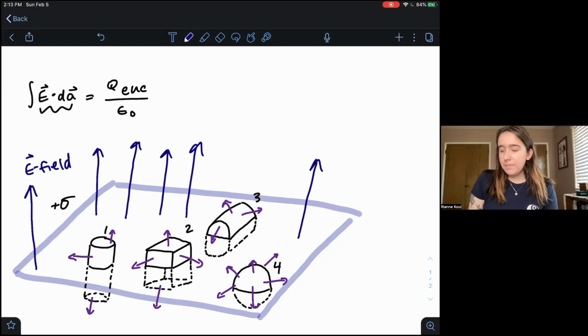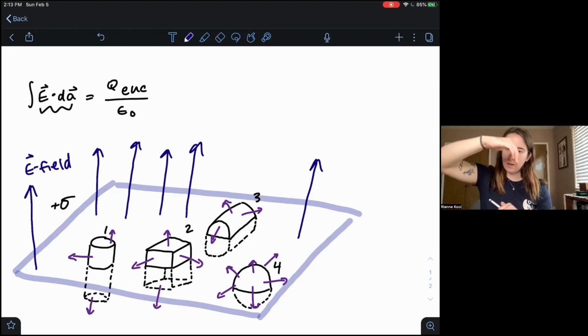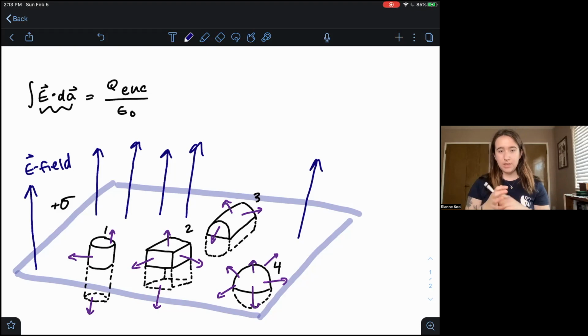So let's think about number 3 first, because I feel like that's one of the easiest to knock out first, because we have these dA vectors on the top, and when there's a curved surface, the dA vectors will go every which way, and we won't have the dA vector and the E field in the same direction.